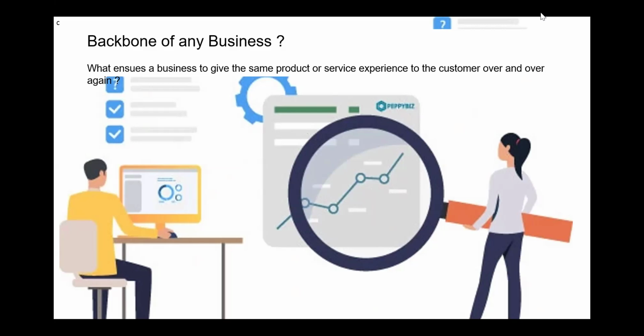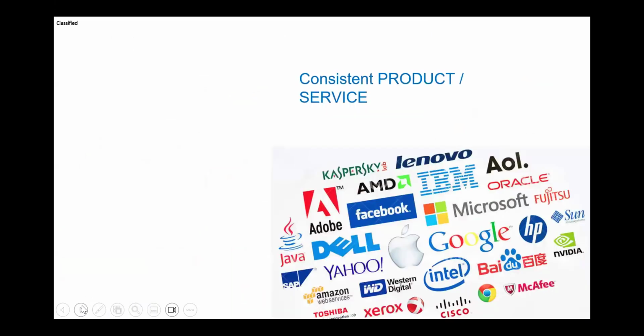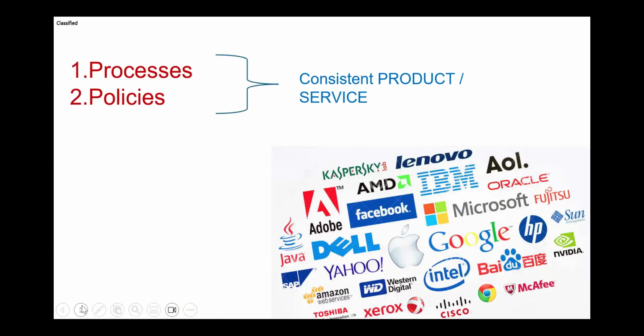When you go to buy a Nike shoe, you don't need the size 8 to be very large or very small. It needs to be the standard size 8 that you are used to. So on and so forth, you will realize that whenever you're looking at a business, you go there because you can get the same product or service over and over again. That's what is standardized outcomes, consistent products and services is what we need from a business.